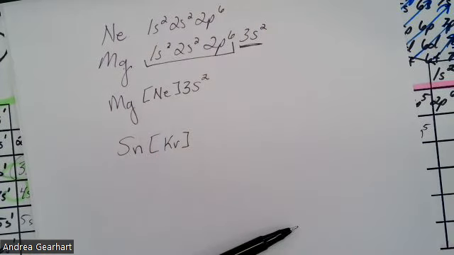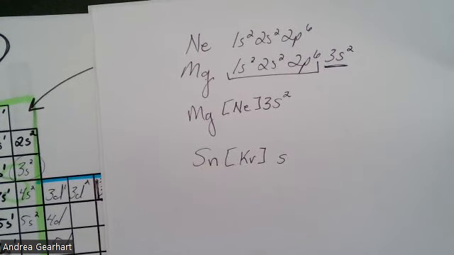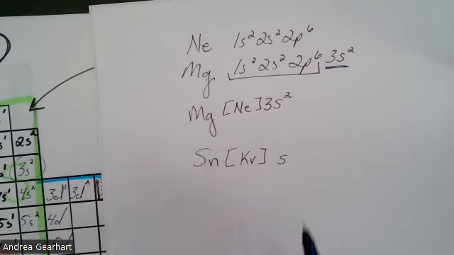That means all the electrons up to krypton, 36. But then I have to start building until I get myself to 50. All right, so where do we go first? The S block. Which S? The 5s, right?